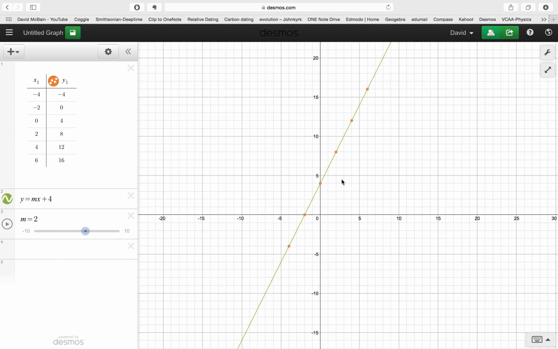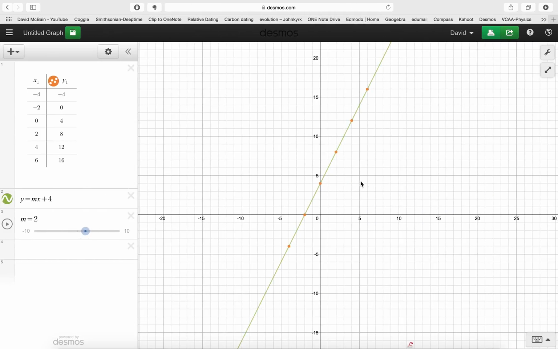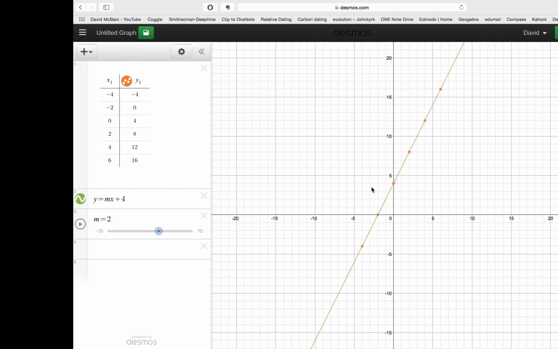So one of the things you need to be able to do is to plot points on a graph and use that graph to help you work out what the rule is. Now in a moment we'll go through how to work out the gradient using the points on a graph. And by the way, there's a second video on how to work out the gradient between 2 points. But we'll come back to that in a moment.